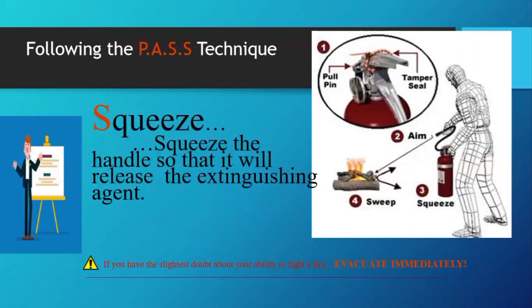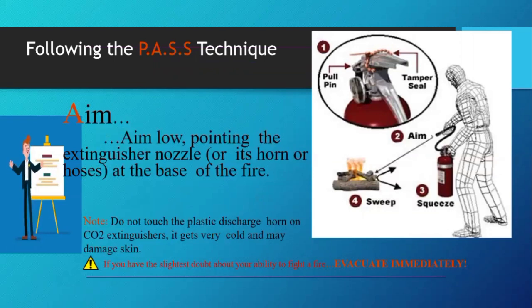Next, you have to hold the nozzle of the fire extinguisher and point towards the base of the fire. But why do we need to aim at the base of the flame? It is because that is the source of fuel.